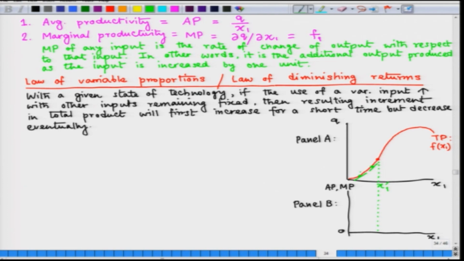So, for that matter consider these 2 points A and B. The marginal product given by the slope is increasing. So, the marginal product function starts from 0 and reaches a maximum at this input level x1 prime. So, at x1 prime marginal product reaches its maximum.